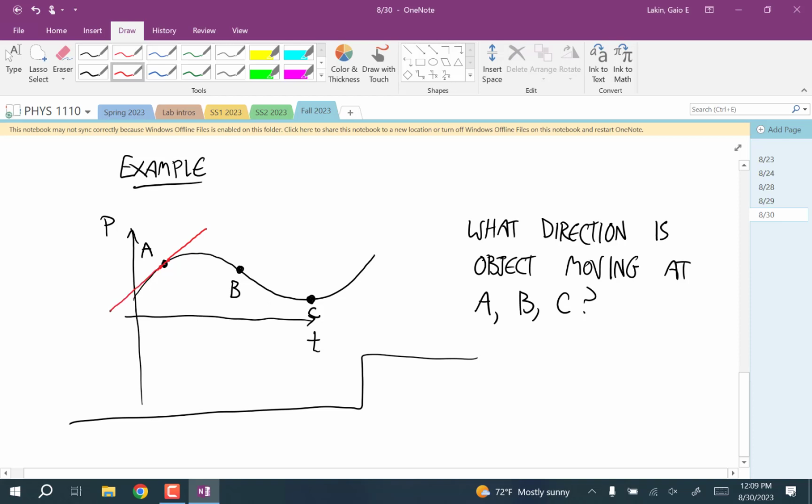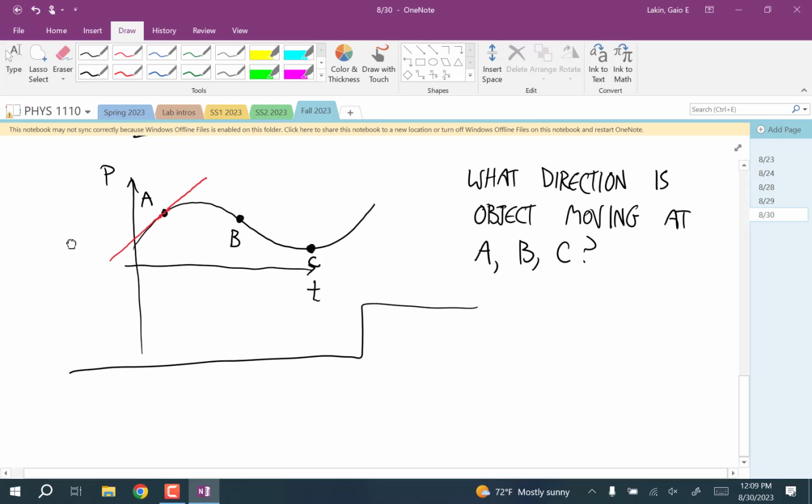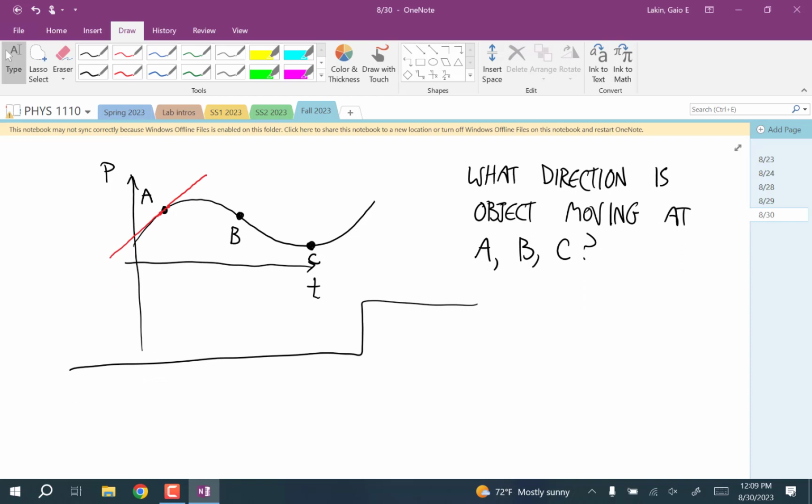So there's the tangent line at the point A. Okay? So for the point A, is the slope of that line positive, negative, or 0? Yep. So the slope is positive. That means the object is moving in the positive direction.